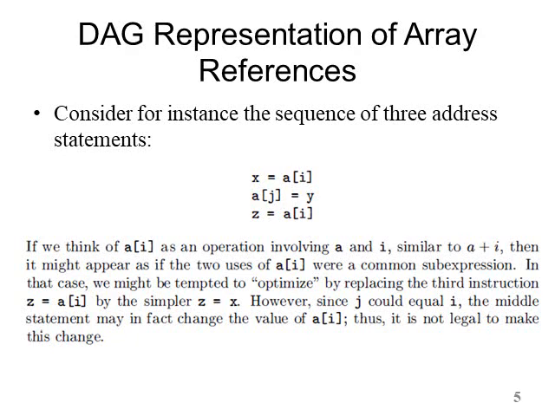So the a[i] value is assigned to x, and now the same index a[j] will contain a new value y. But in the third statement, z equals a[i], you identified the common subexpression and replaced it with x. That causes a wrong result, a wrong assignment to z.